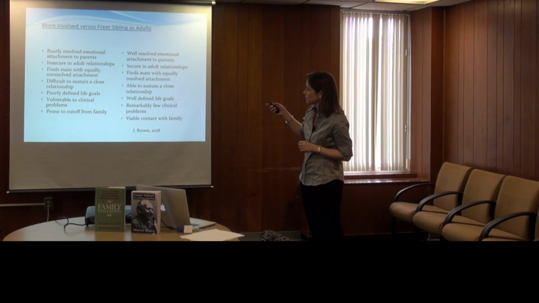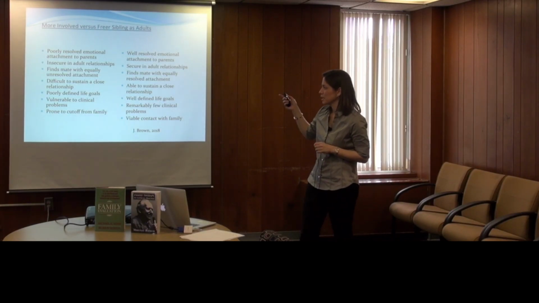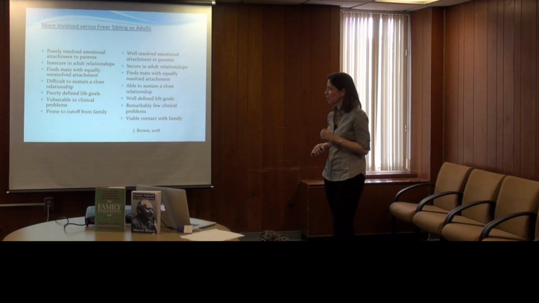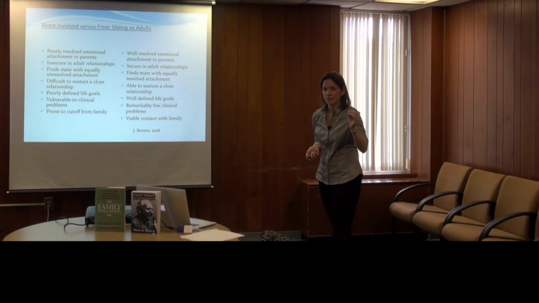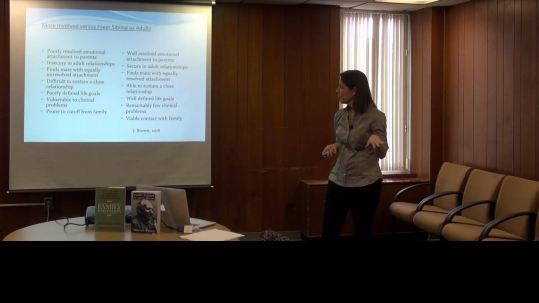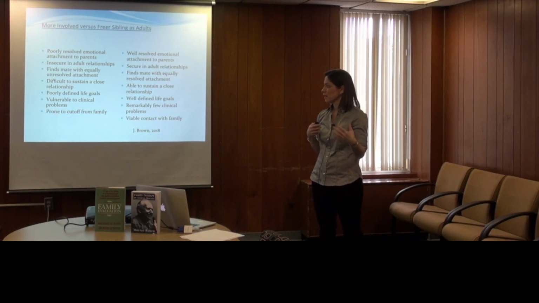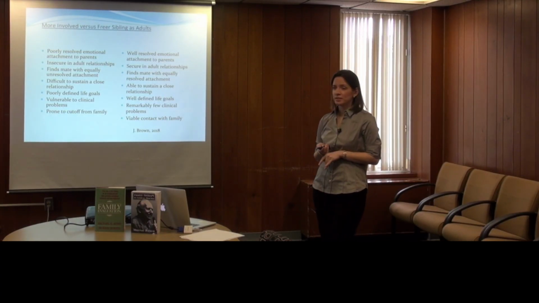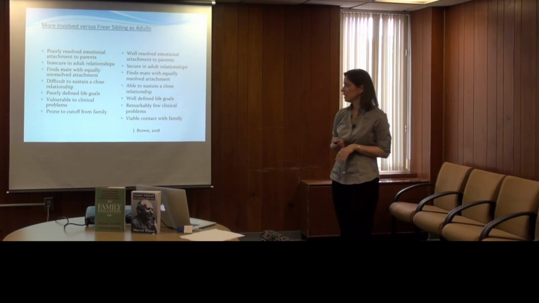One of the things I thought was interesting is they often find mates with equally unresolved attachment. So you might find yourself with a person who has a similar level of differentiation or individuality within the family. And sometimes they have poorly defined life goals. So sometimes you might be working with someone who really doesn't know what direction to go in.